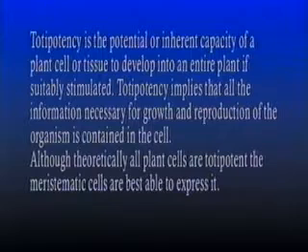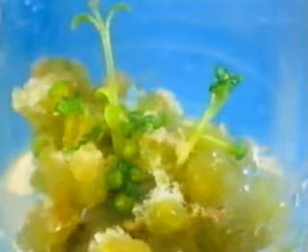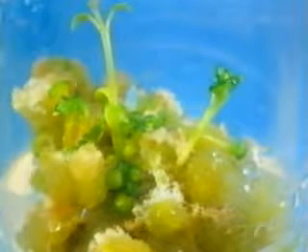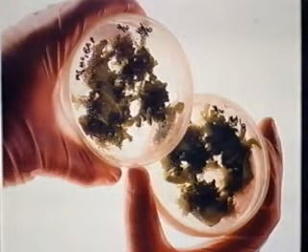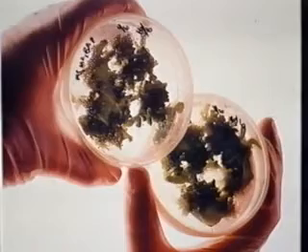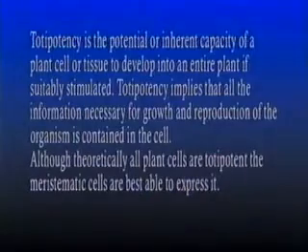Totipotency implies that all the information necessary for growth and reproduction of the organism is contained in the cell. Although theoretically all plant cells are totipotent, the meristematic cells are best able to express it. This means that every part of the plant has the ability to produce a complete plant and thus be used in the process of tissue culture.